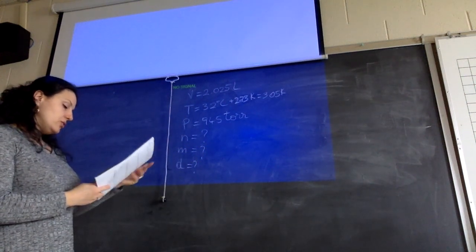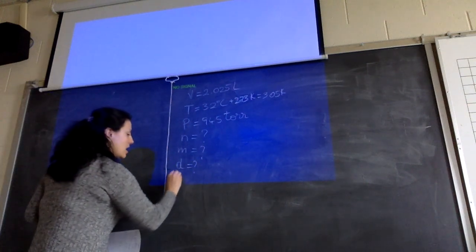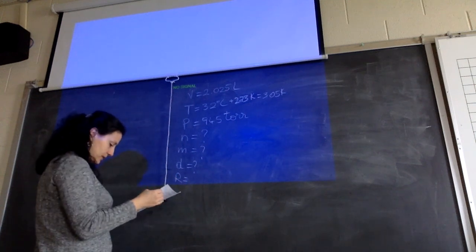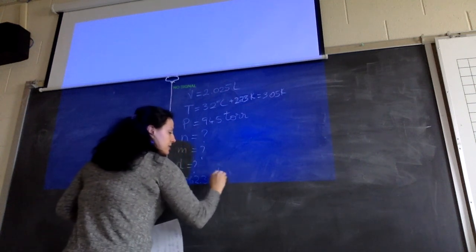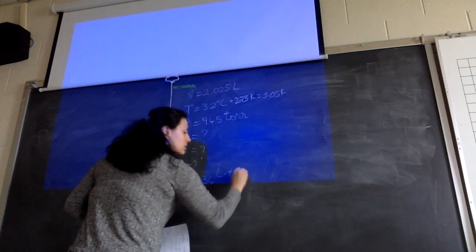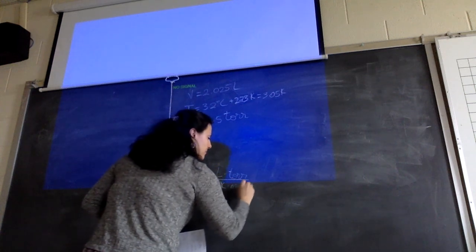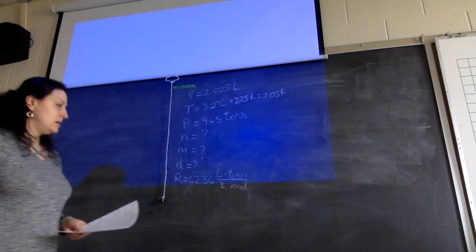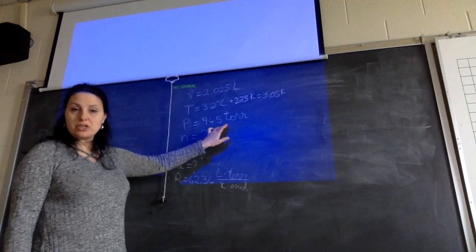Now, you can do this. We know R, we just calculated. R is equal to 62.36 liters times torr over Kelvin times mole. Okay, that is the value for R in torr because we have the pressure given in torr.